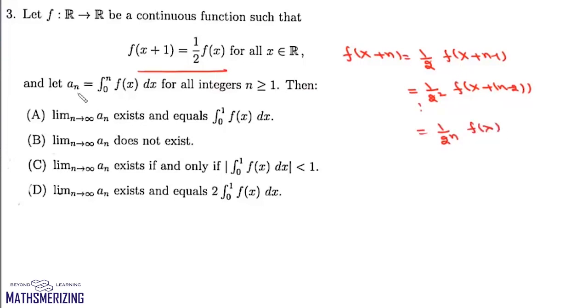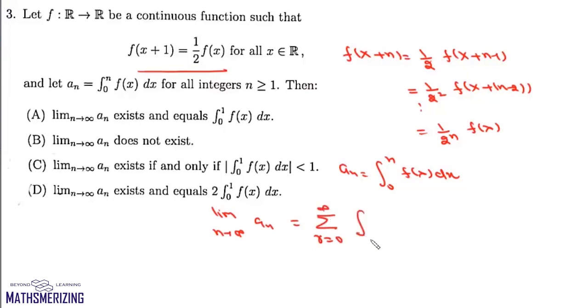Now we need to find this integral a_n, which is from 0 to n of f(x) dx. Now we need to find this limit as n tends to infinity of a_n, which is this summation r varies from 0 to infinity of the integral from r to r+1 of f(x) dx.